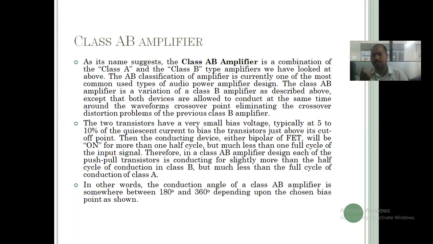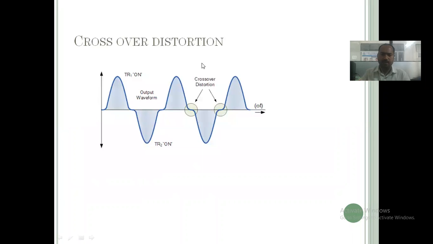Means we have designed the transistor in such a way that it should not work for only 180 degrees, it should work for more than 180 degrees. So the problem coming at 180 degrees or at 0 degrees, right? This problem should be overcome, whatever transistor is used should be used for greater than 180 degrees.